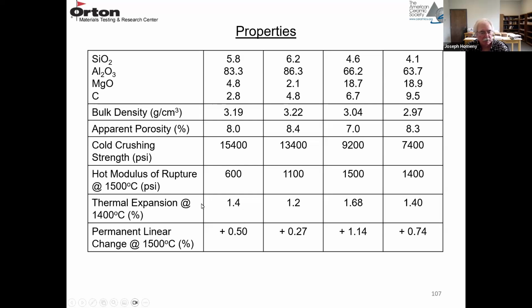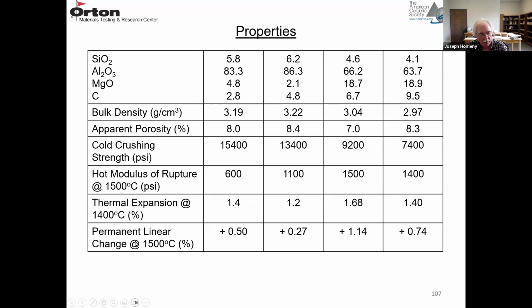And then the thermal expansion, because of the alumina and MgO present, the thermal expansion at 1400 degrees C is going to be quite high, well over 1%. These are a little bit higher because of the higher MgO content. This is almost 1.7.